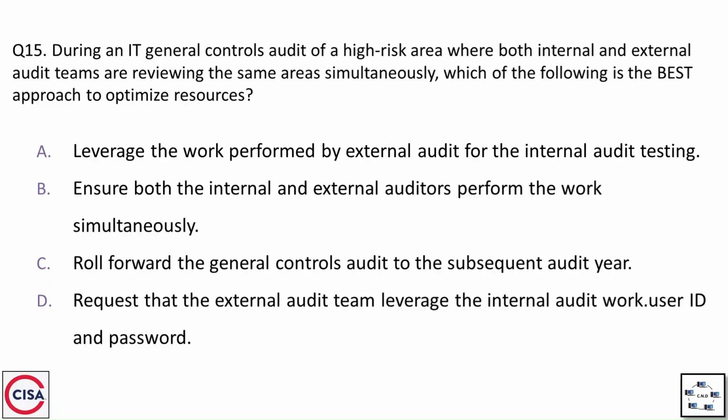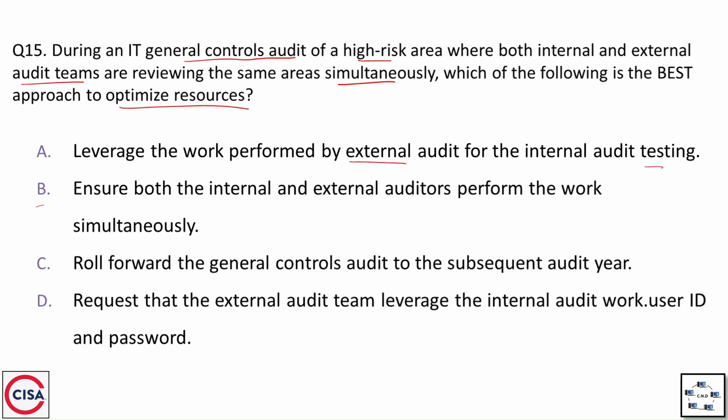Question number 15. During an IT general controls audit of a high risk area where both internal and external audit teams are reviewing the same area simultaneously, which of the following is the best approach to optimize resources? Option A, leverage the work performed by external audit for the internal audit testing.